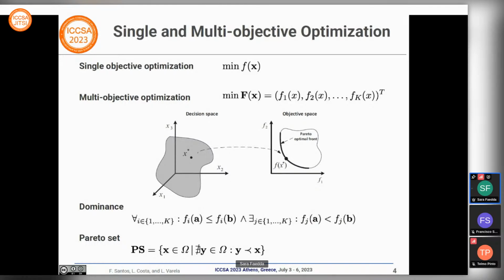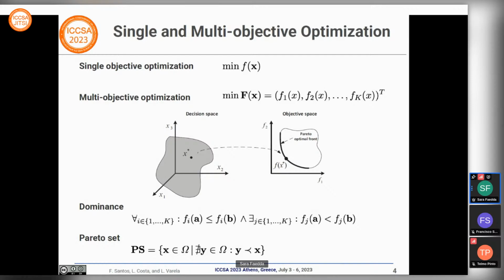Solutions are compared in terms of domination, and I just recall this definition because, in general, some metaheuristics use this notion of dominance to guide search to obtain the Pareto optimal set.